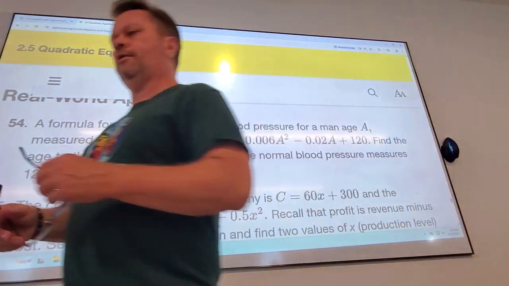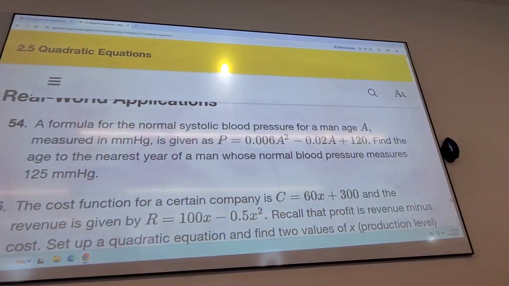What did you get? Did you actually get a decimal? I only got as far as that. Put it in the calculator. So you're going to be 5 months, 0.00034 years old?